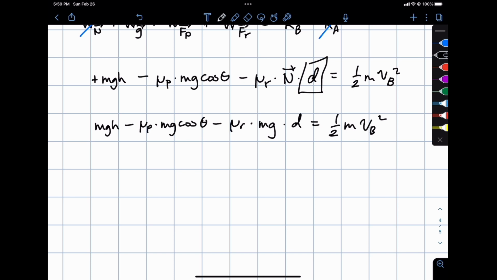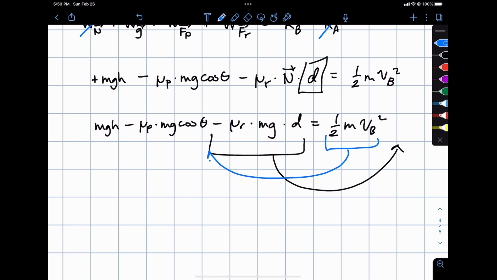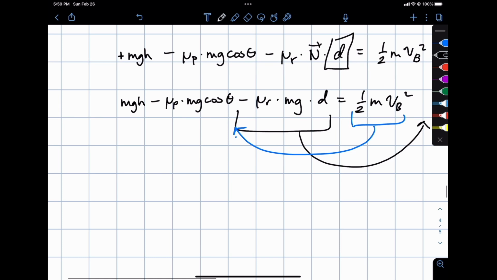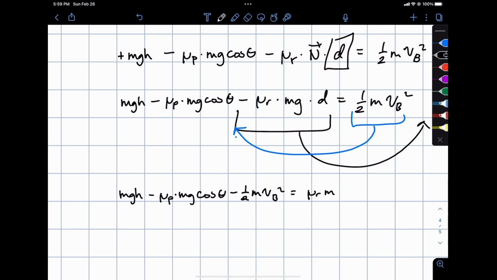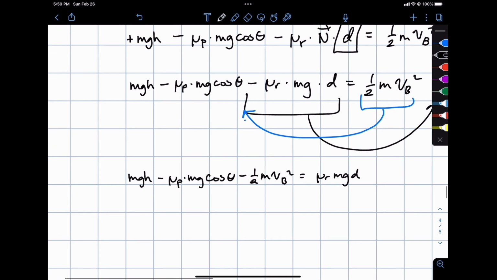I can move this portion over here into that side. So mgh minus mu p mg cosine theta minus 1/2 m vb squared equals mu r mg d.